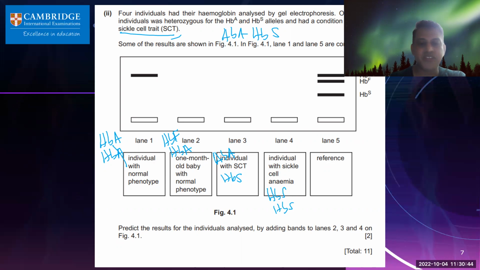So here two different bands travel. The hemoglobin A reference band is here, and we can place the band here. And the hemoglobin F reference band is also very close, and we can place hemoglobin F here. In this case, there is only one band because both are hemoglobin S, so we can see one band here.